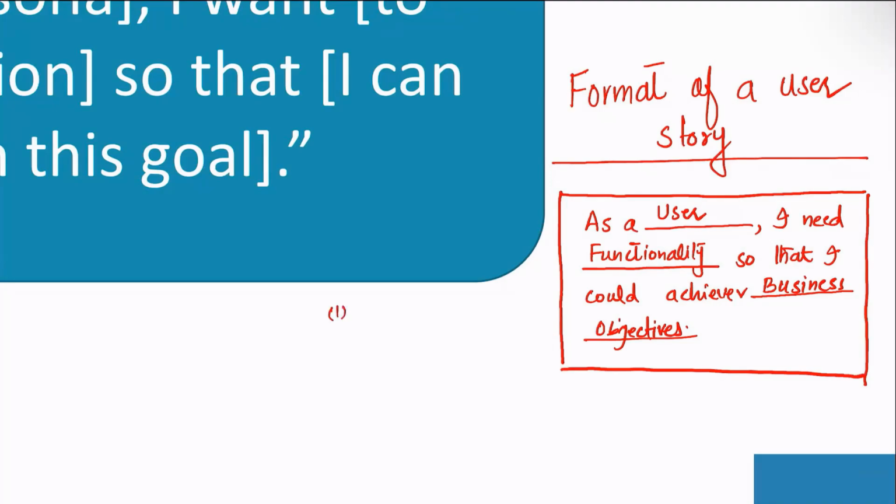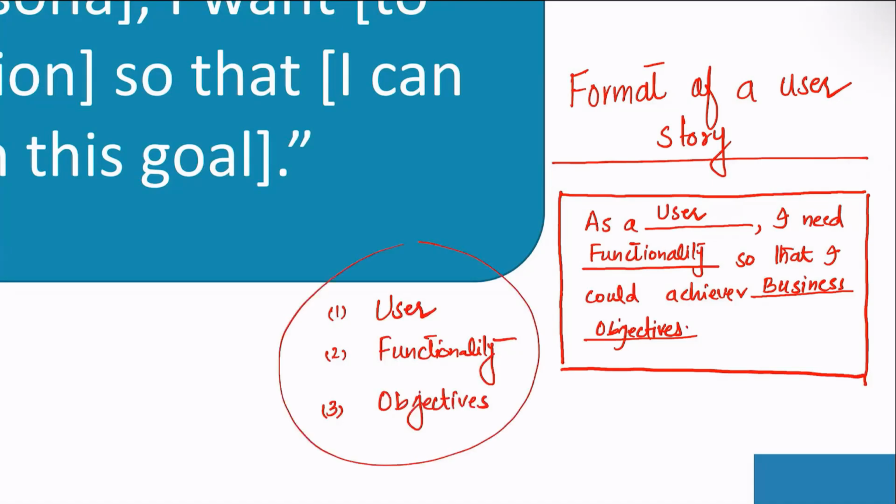First, user, who is requesting it. Second, functionality. Third, objectives. Which strategic objectives the user intends to achieve by incorporating this user story.